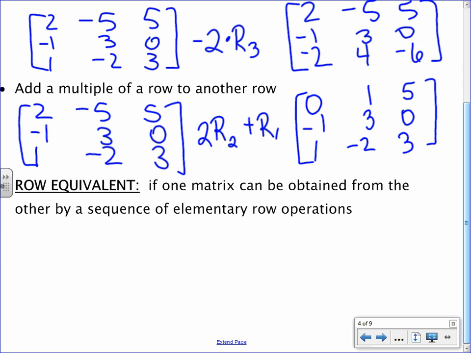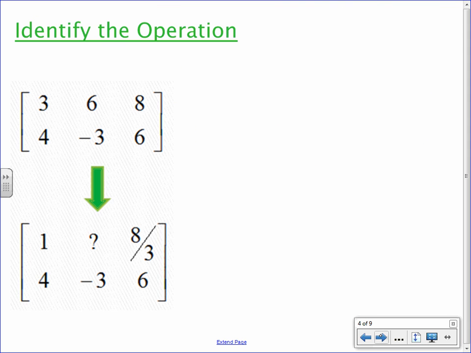So we're going to go through a couple of examples where we need to identify the row operations that are taking place. From this matrix to this matrix, we need to figure out what the row operation is and what this question mark should be.